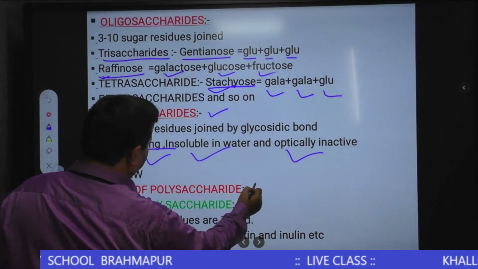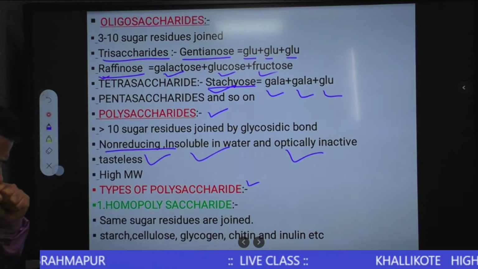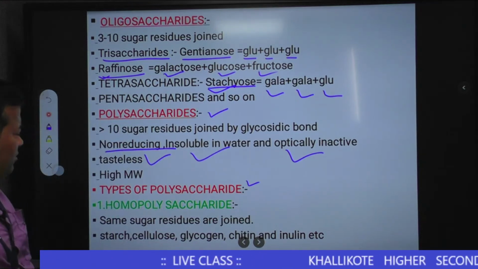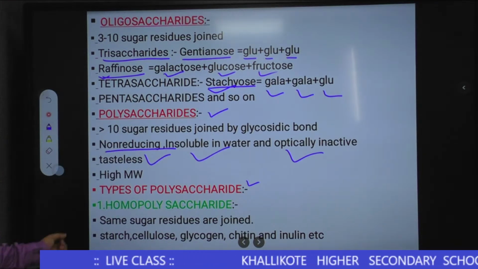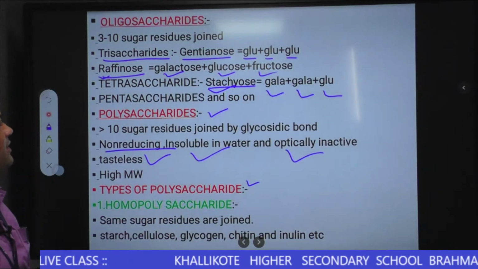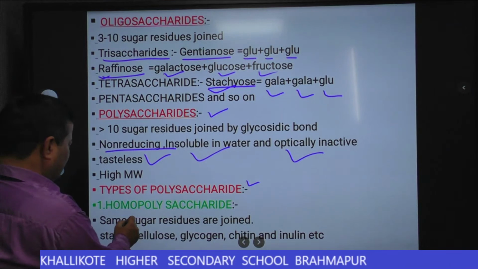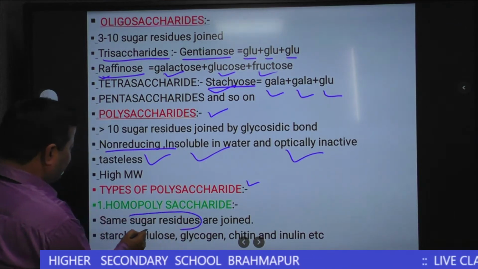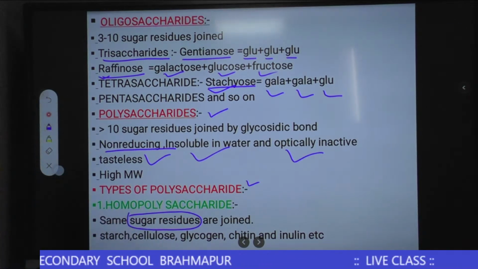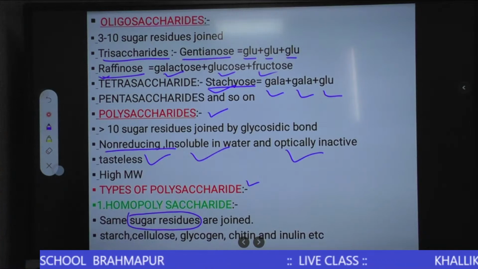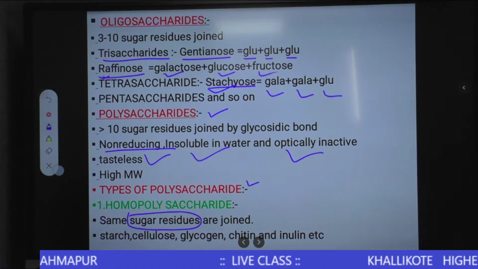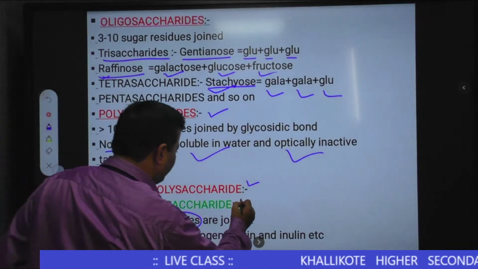Types of polysaccharide. There are 2 types: one is homopolysaccharide, another is heteropolysaccharide. Homopolysaccharide means the sugar residues are the same. If the polysaccharide is made of only glucose units, it is called a homopolysaccharide.